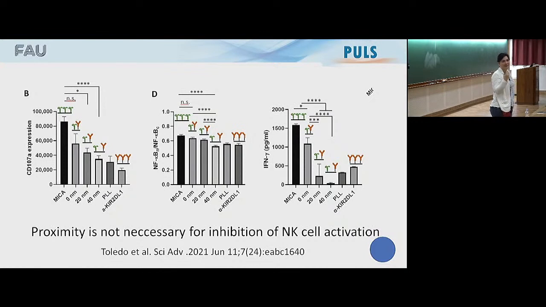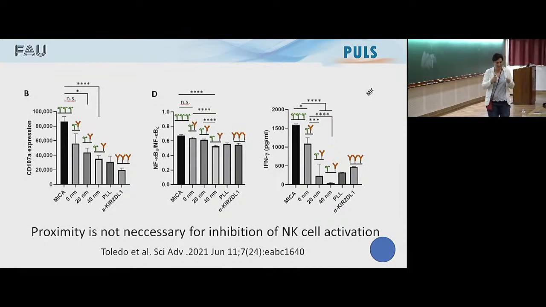So in an optical direct measurement, we can say that from the response of the cell there is a correlation between the separation of the proteins and the activation. Proximity is not important here, but there is an optimal separation in which the inhibition of activation happens in the best possible way.